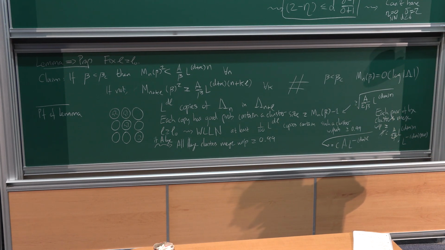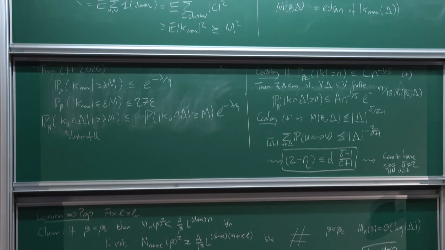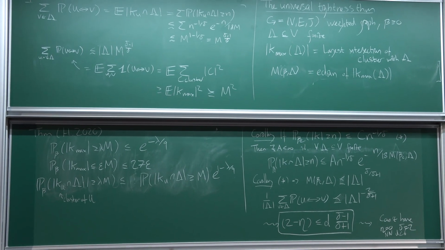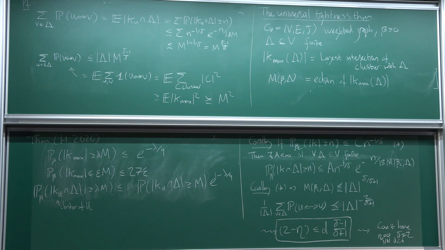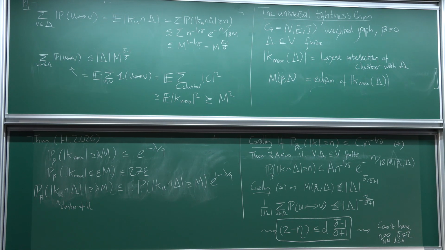Okay, so hopefully that was clear, the proof of the corollary, and convincing that this is a useful theorem. So now I want to briefly explain how you prove the universal tightness theorem.